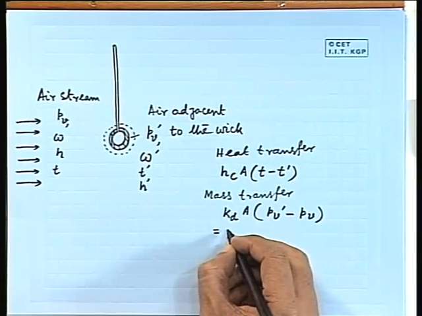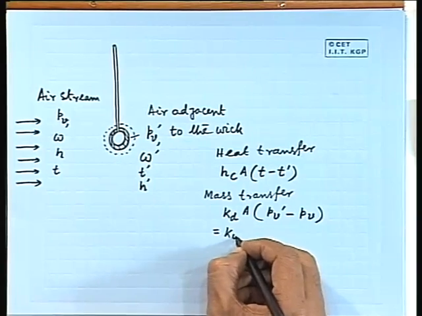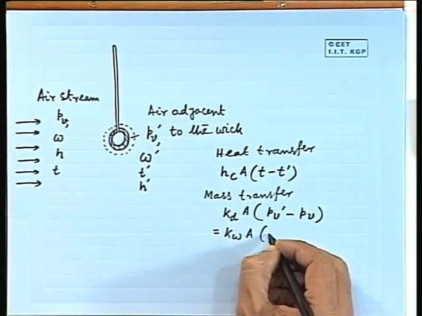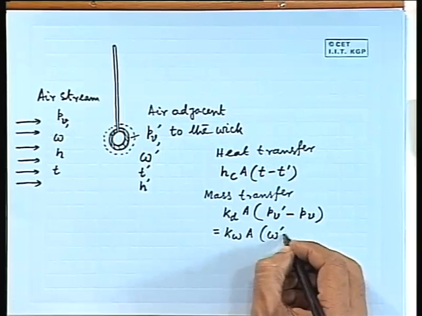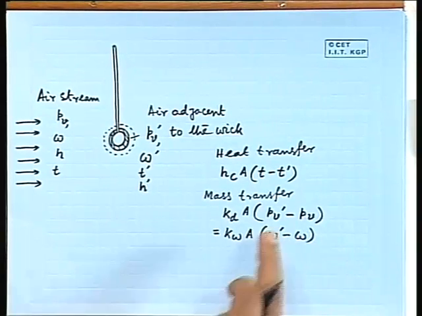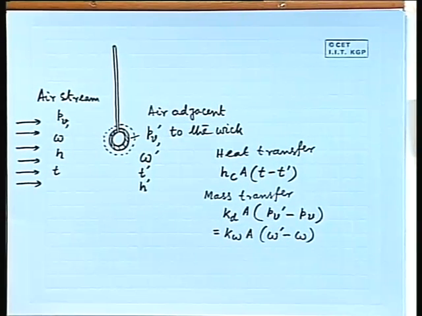This can be written as Kw A (W dashed or omega dashed minus omega). That means, instead of partial pressure I am replacing it with the humidity ratio.